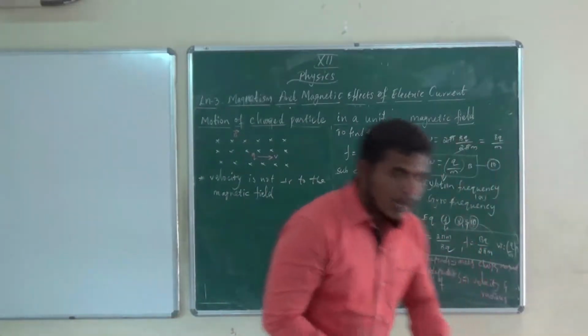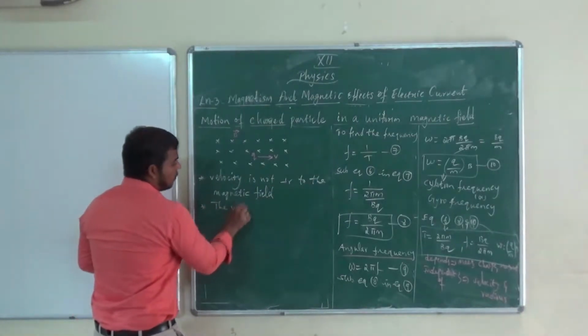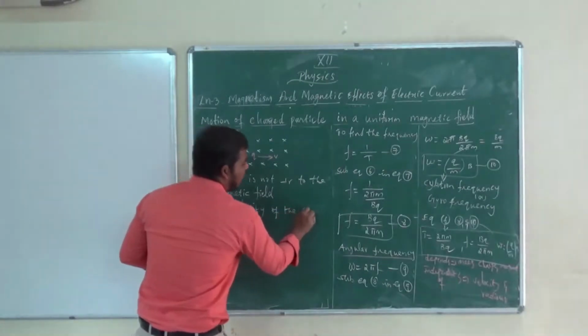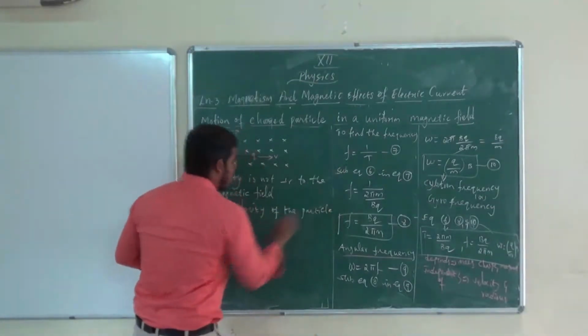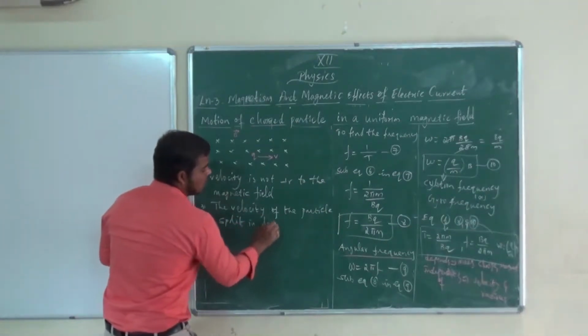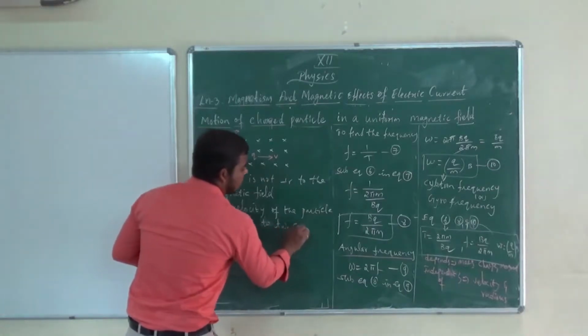What happens? The velocity of the particle splits into two components.